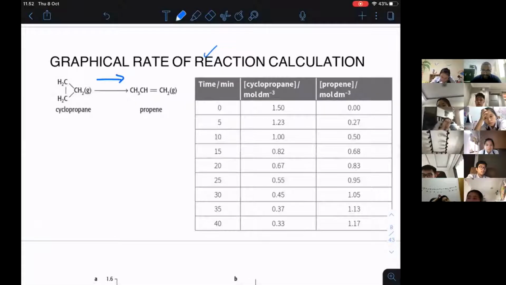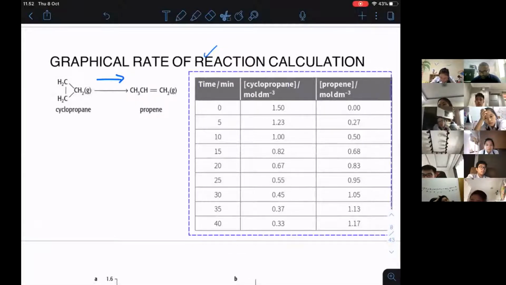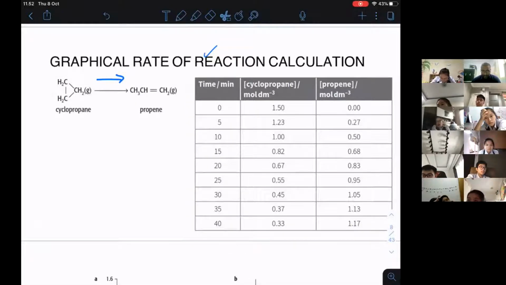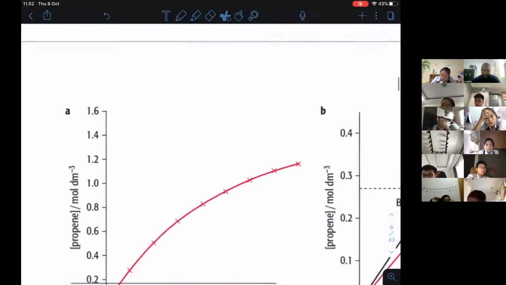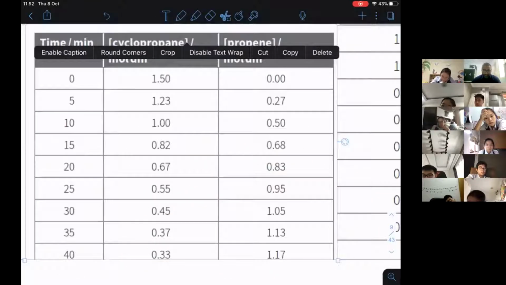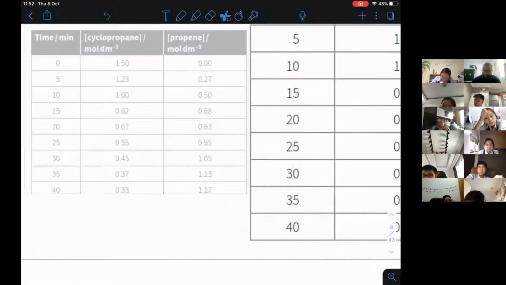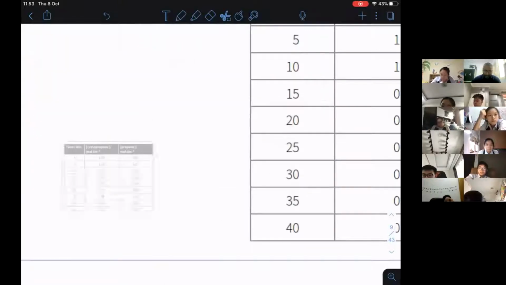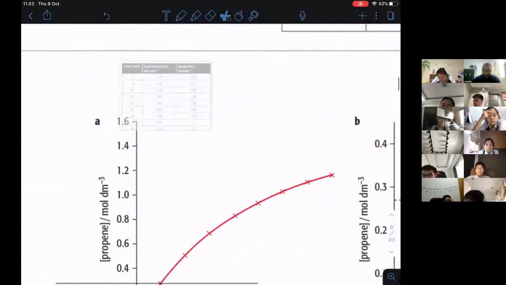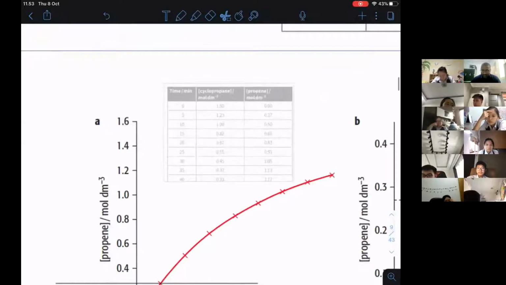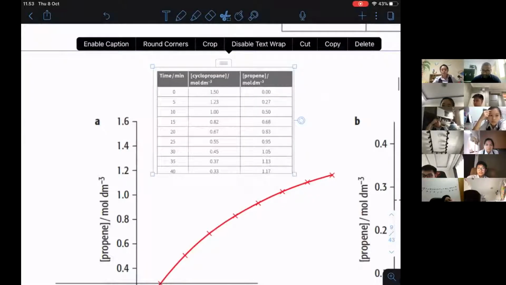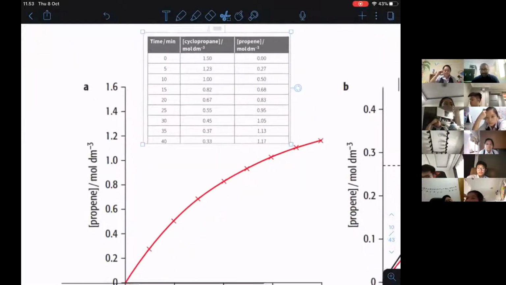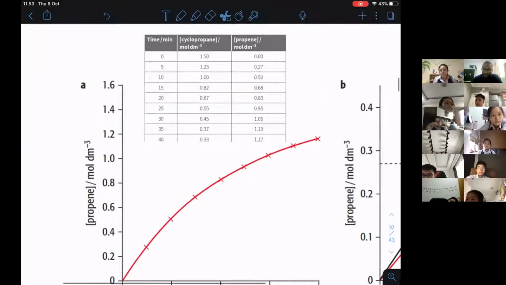If I bring this over there, I bring it like this. Now, if you look at this data, they want to look at propene.